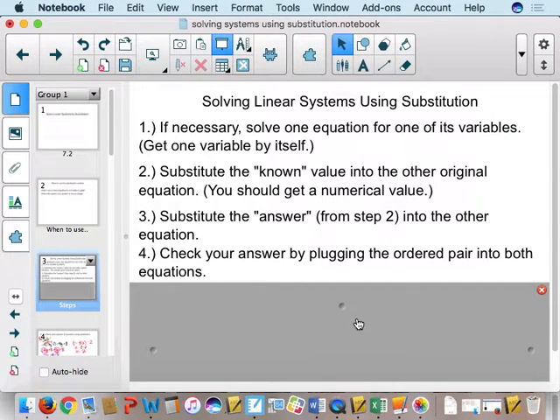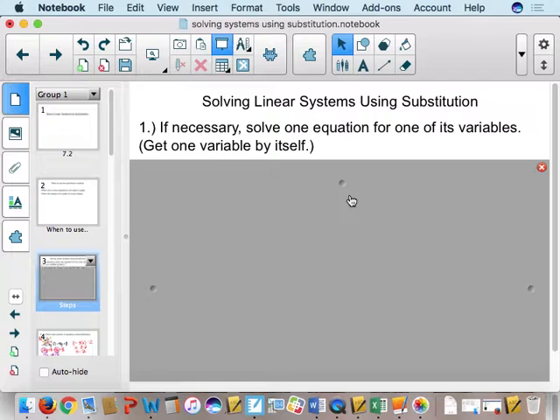So step 1, if necessary. Most of the time, if you choose to use substitution, step 1 will be done for you. It says, if necessary, solve one equation for one of the variables. In other words, what's in parentheses, this is the part you need to remember: get one variable by itself.